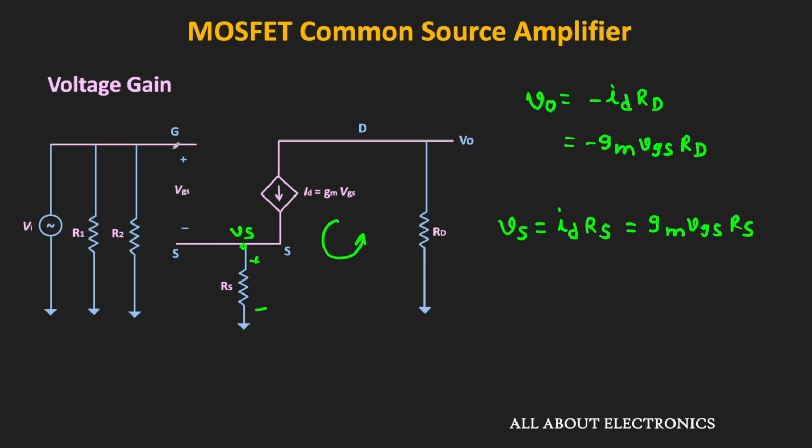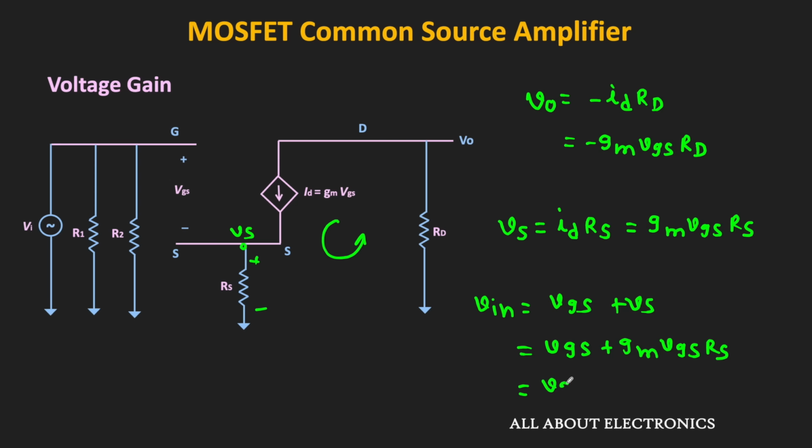And here the voltage between the gate and the ground terminal is equal to Vin. So if we apply the KVL, then we can say that this input signal Vin is equal to this voltage VGS plus VS. That is equal to VGS plus gm times VGS times RS.